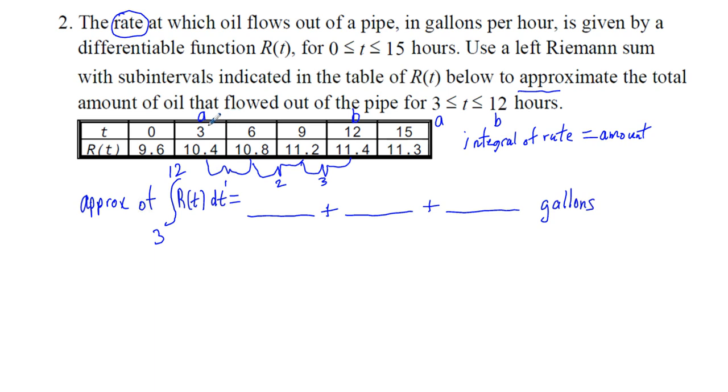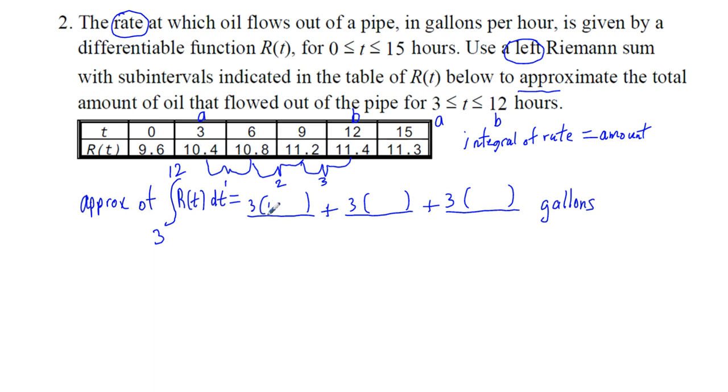Now we look at the delta x. It looks like we're 3 apart, every one. So we put our delta x right here, 3, 3, 3. And then we're going to find the height of each of these rectangles. And we're using a left Riemann sum, left. And so we go to the left. So the 10.8 would be on the right of this first interval.